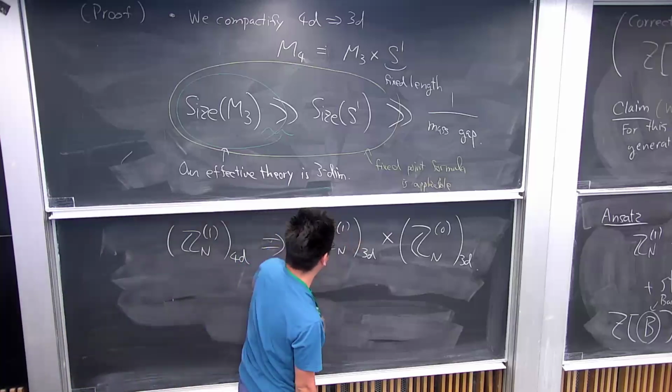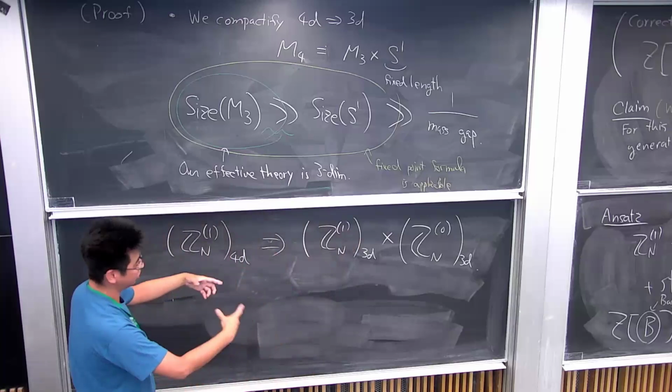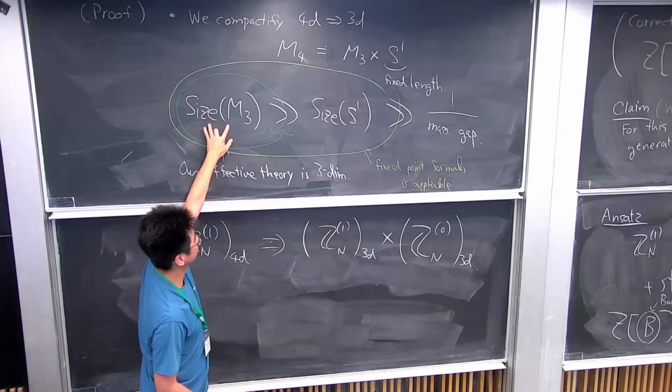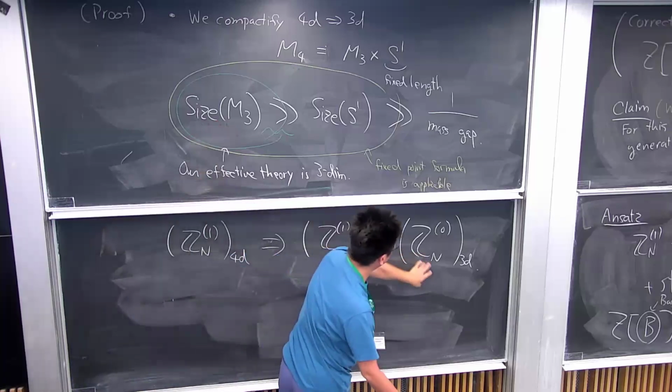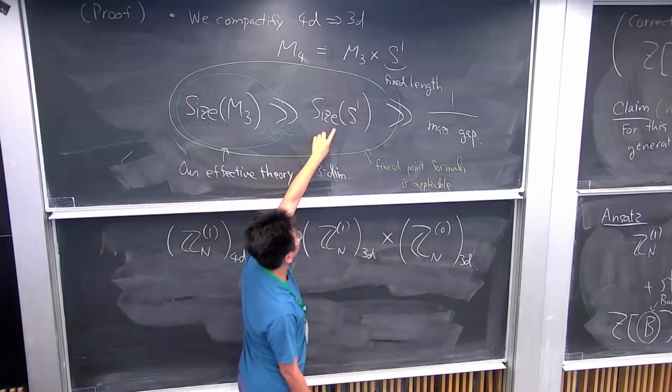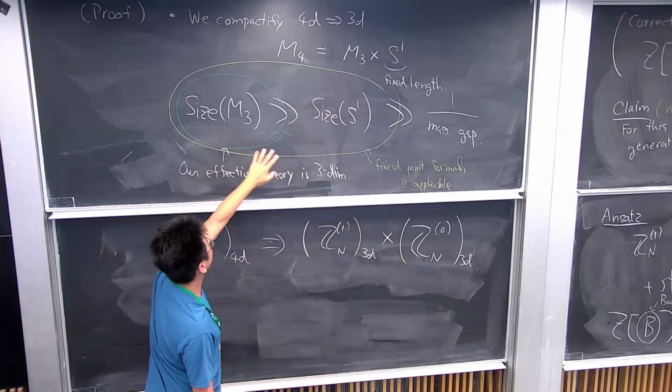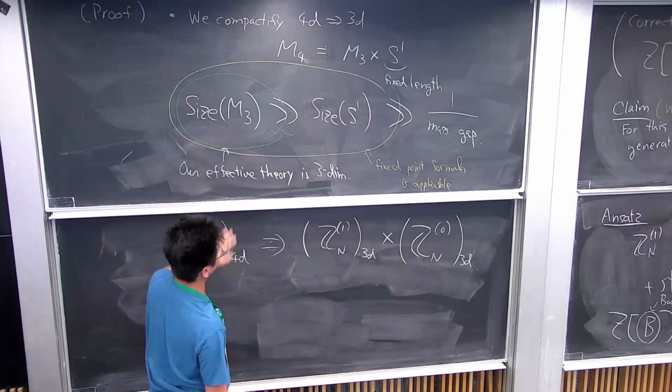This first one-form symmetry is acting on a loop operator that is living inside this large M3 direction. And this zero-form symmetry acts on a loop operator that wraps along this S1 direction, which looks like a point-like operator in 3D.